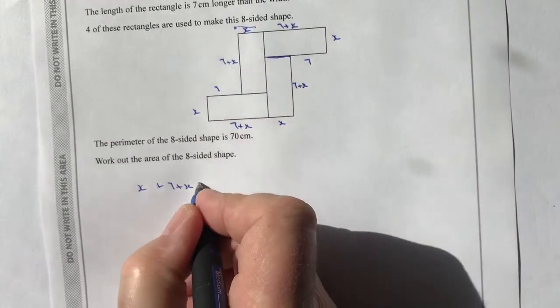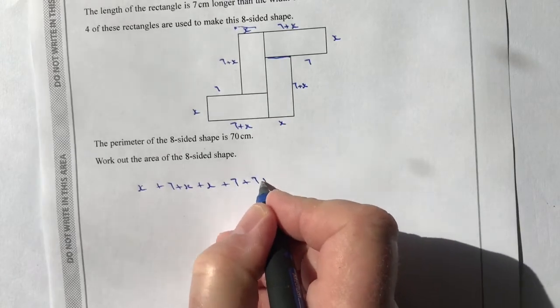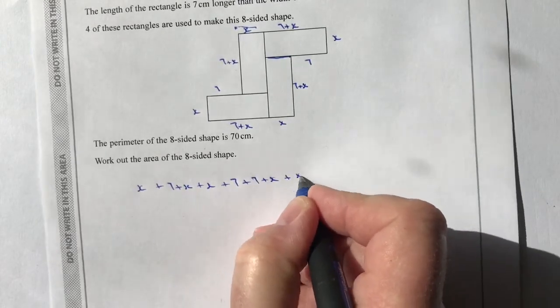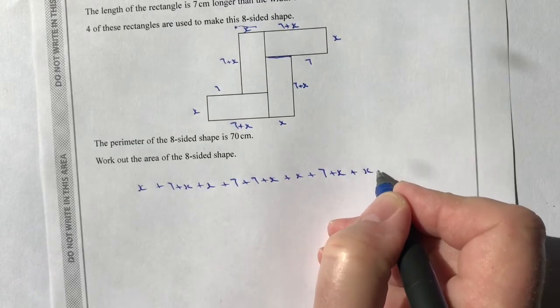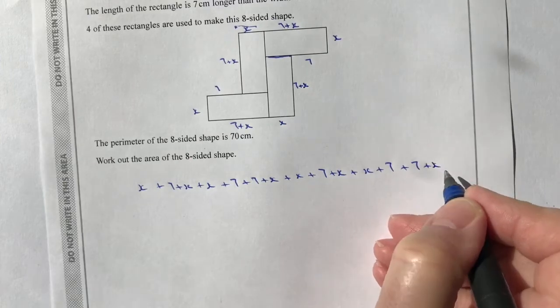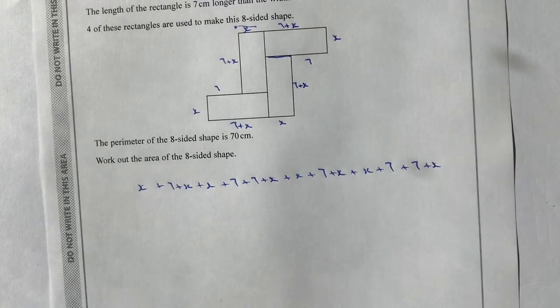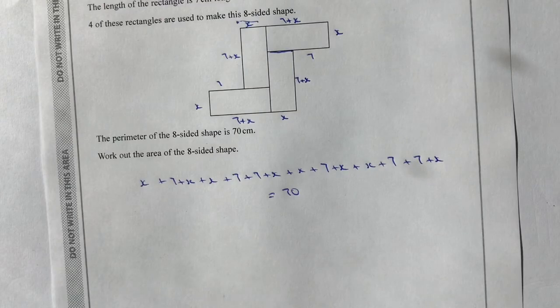Then x again, then 7 plus x, then x, then 7 plus x, plus x, plus 7 plus 7 plus x, okay? So all of that together is going to equal the perimeter, which is going to be equal to 70, okay? So all we're going to do then is work out the value of x.